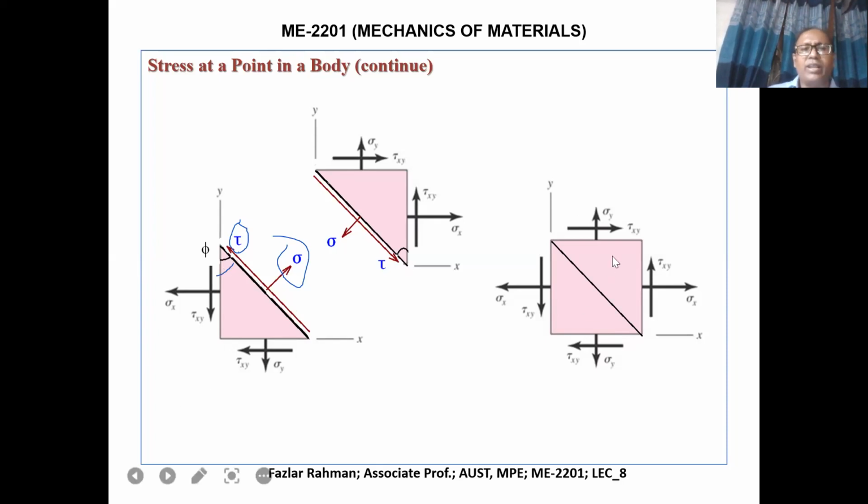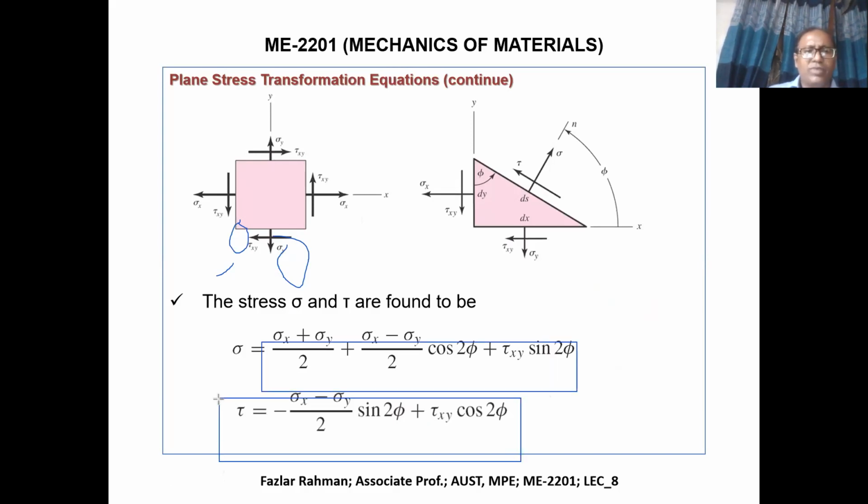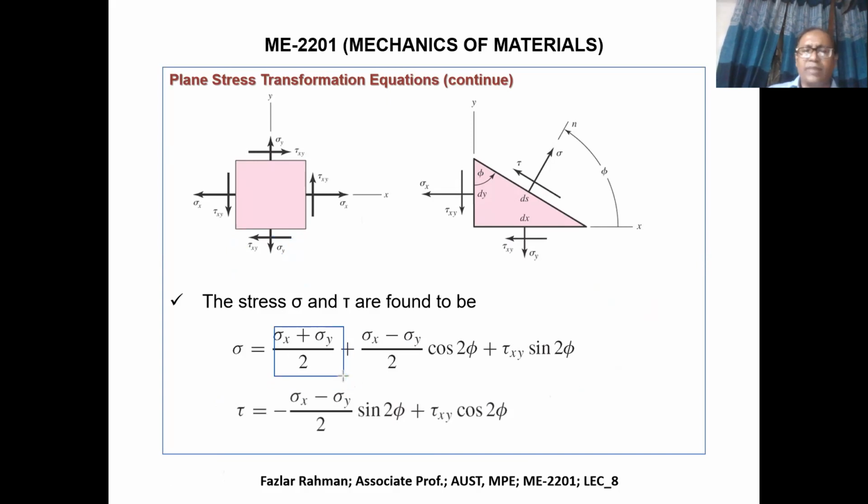Then we figured out an equation. That equation is right over here, and this equation we derived. Bottom one for tau and top one for sigma. In this equation, you see sigma x, sigma y is the external stress.